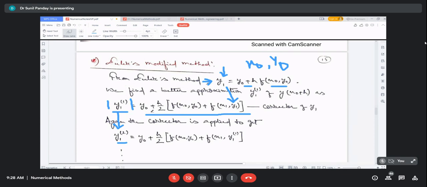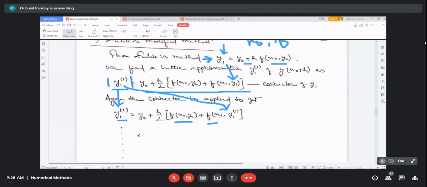In this again y naught plus h by 2 f of x naught y naught is the same. Now we have f of x1, but now we use this updated value of y1, and we will get a better approximation of y1, and in this way we will continue until our desired error accuracy is satisfied.